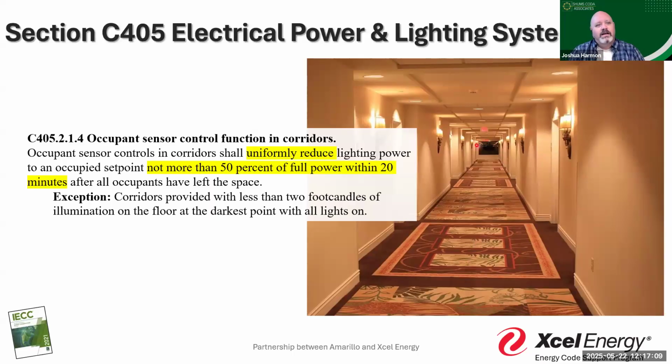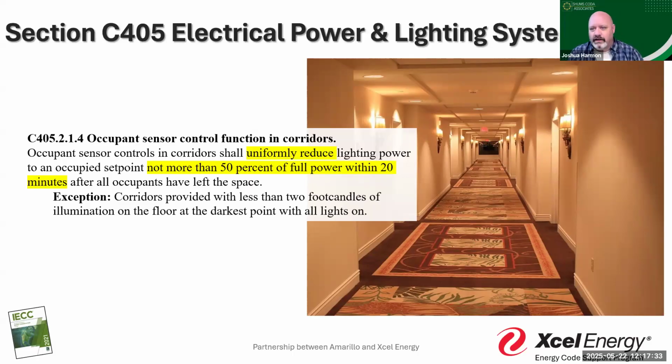Jason's down there waiting on me. And so we don't want that to happen. We want a uniform reduction of light when it's not being used, but we still don't want it to become completely dark. We don't want residents to be unaware that there could be other security issues in the space, right? And so again, that's what we're looking for.